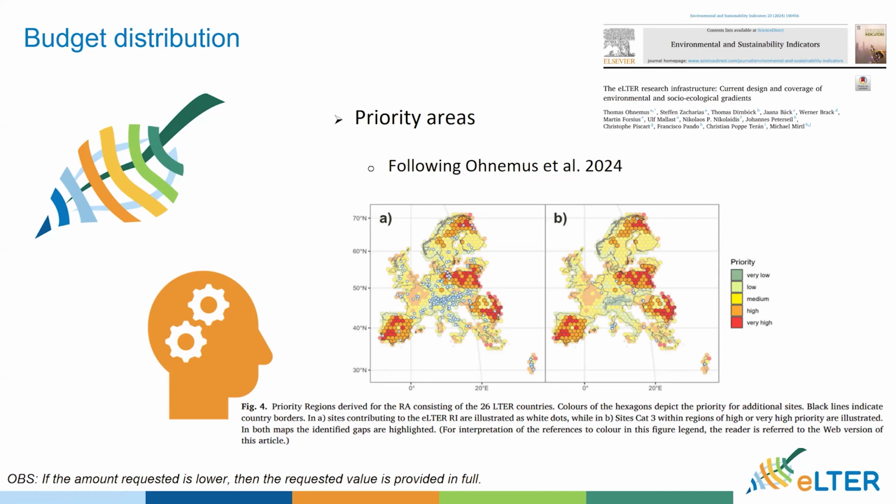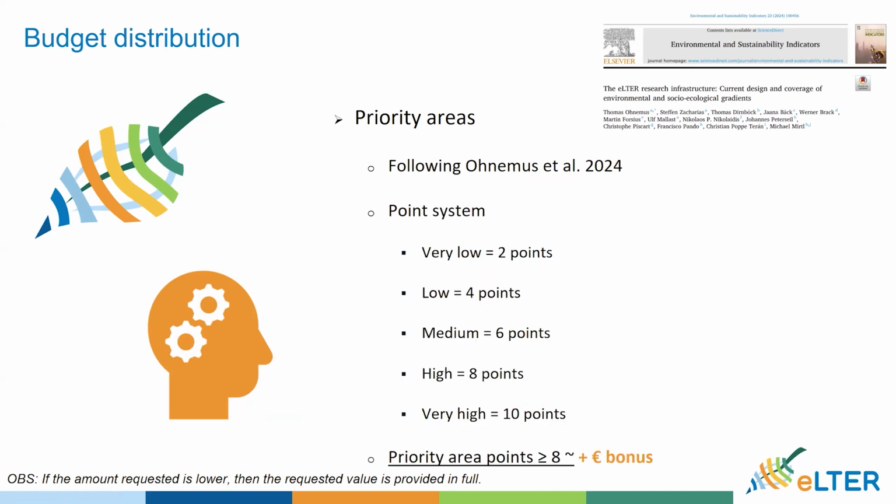Then we actually attribute a point system as well, based on the priorities: the higher the priority, the more points the submission got. Those that have 8 or higher, so essentially the high and very high priority areas, also receive a bonus.